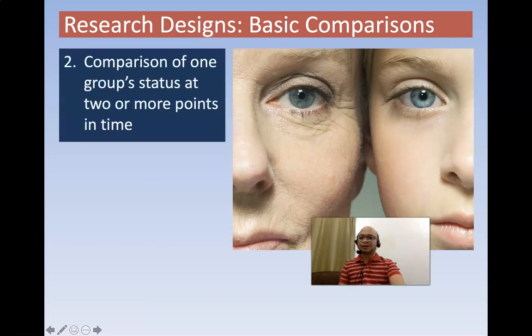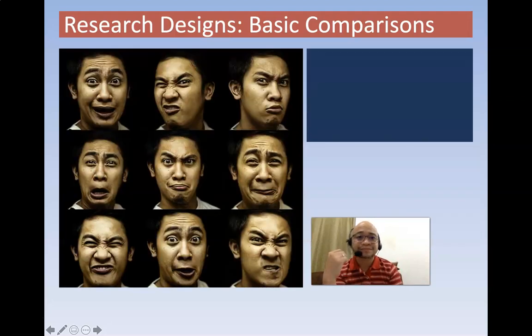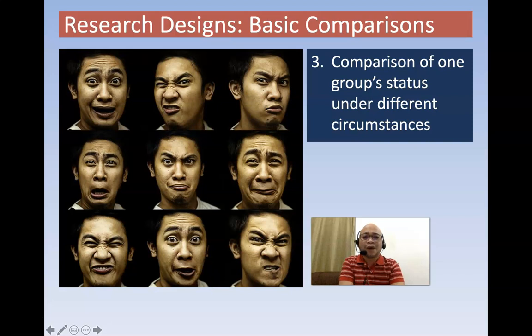Okay, so here, this is the one that I've told you, comparison of one group status at two or more points in time. So before and after. So this is the time that you will be using the t-test for paired samples. Comparison of one group status under different circumstances.